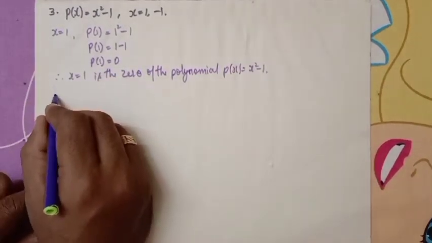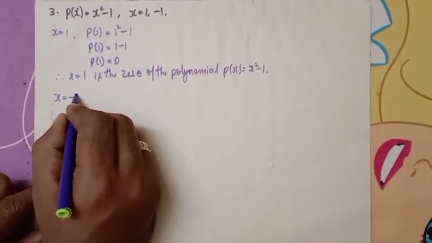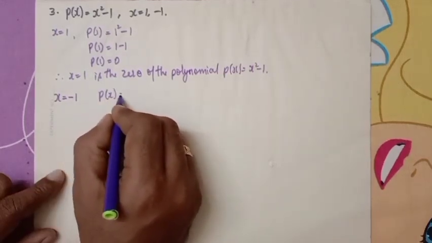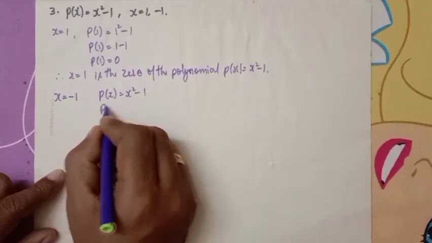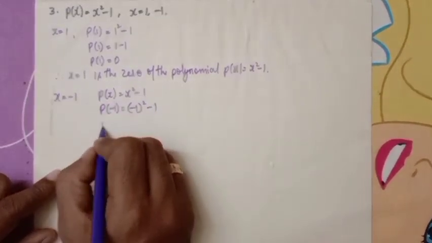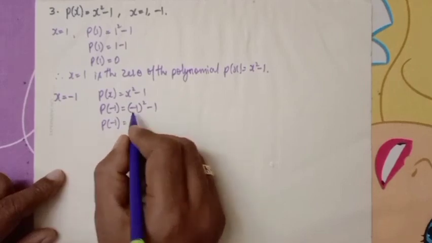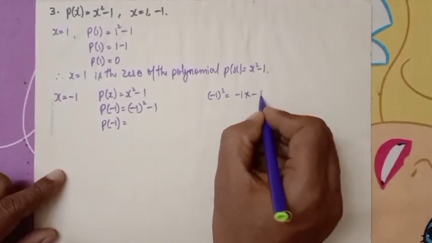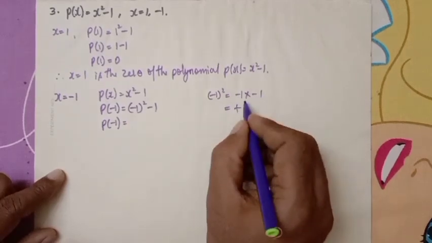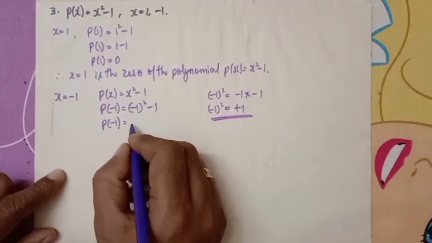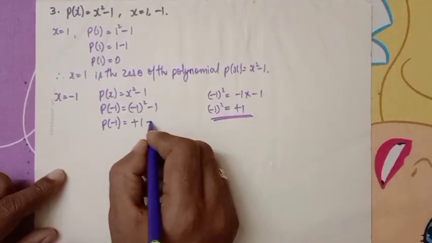And let us take the second case, x is equal to minus 1. P of x is equal to x square minus 1. So p of minus 1 is equal to minus 1 whole square minus 1. Minus 1 whole square is minus 1 into minus 1. So minus into minus is plus, 1 1s are 1. Minus 1 whole square is equal to plus 1. Plus 1 minus 1.